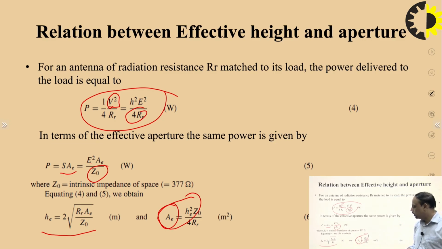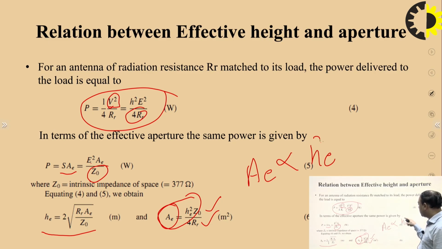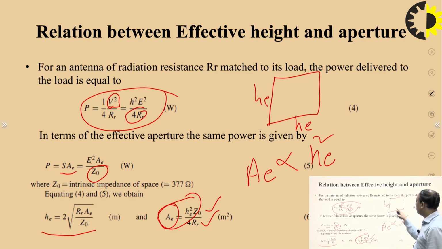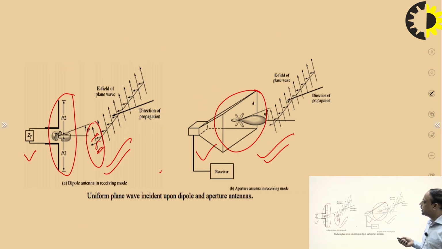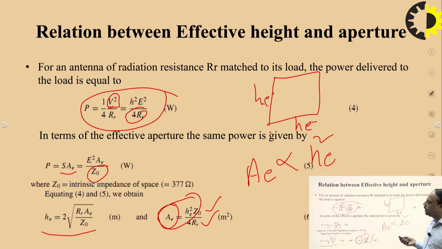Because Z naught is constant, radiation resistance is constant for a particular antenna, and RL is also constant, the effective aperture of the antenna is proportional to height square. For a single dimensional antenna it is equal to height only, but for a square it is height multiplied by height. The effective area of the antenna is equal to multiplication of the effective heights of the antenna. So these are the relations between the effective height and effective area of the antenna.